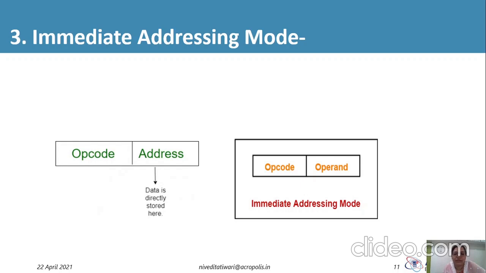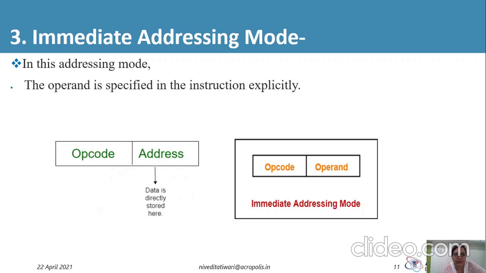Through this address field we are finding the different operand values available either in the memory or the registers. So in this addressing mode the operand is specified in the instruction itself.